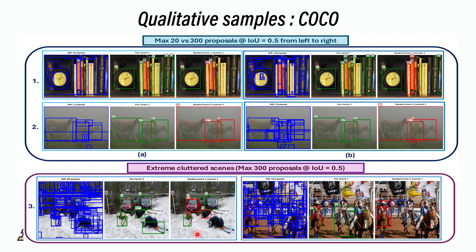For example, here you can see that FocL has more correct predictions as indicated by the green boxes, whereas standard has one less correct prediction. Also, some of the predictions that they make are incorrect. So again, these are qualitative results which back the quantitative analysis we showed earlier. More samples and results are provided in the appendix.